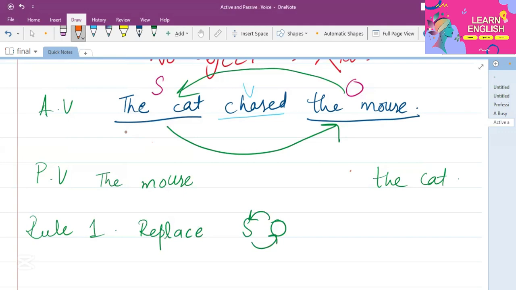So for that, we use by as a connector in passive voice. So let's write by over here. So rule number 2 is use by before the subject. Rule number 3. Remember, boys and girls, that in passive voice, we always use third form of verb. So chased will remain chased.